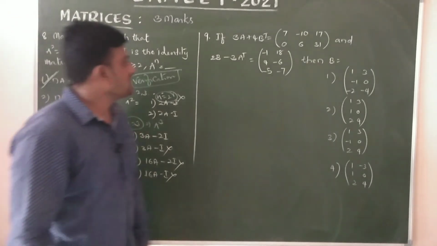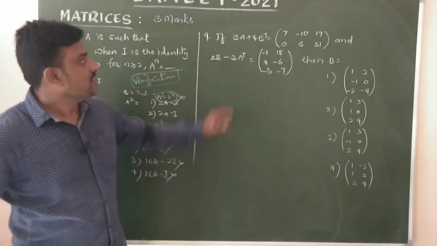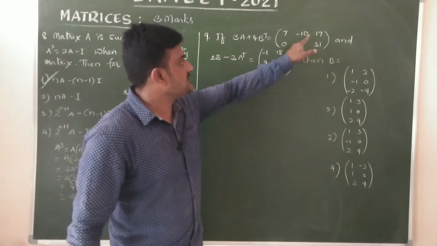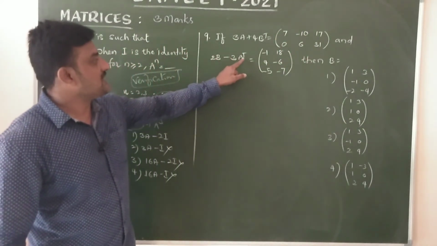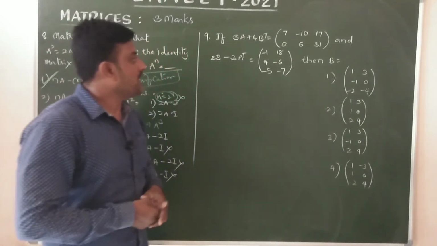Now let us go with the ninth one, the next one. 3A plus 4B transpose equals [7 -10 17; 0 6 31]. 2B minus 3A transpose equals [-1 18 4; -6 -5 -7].